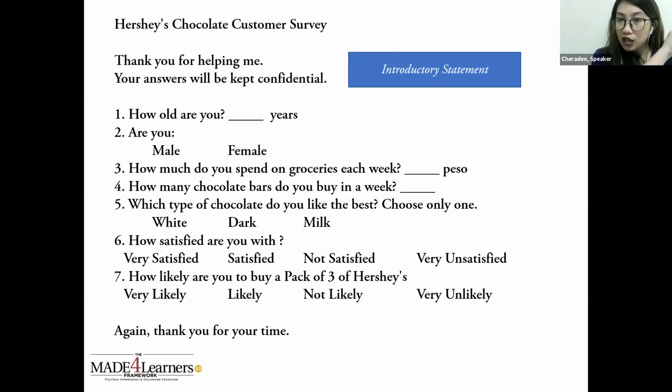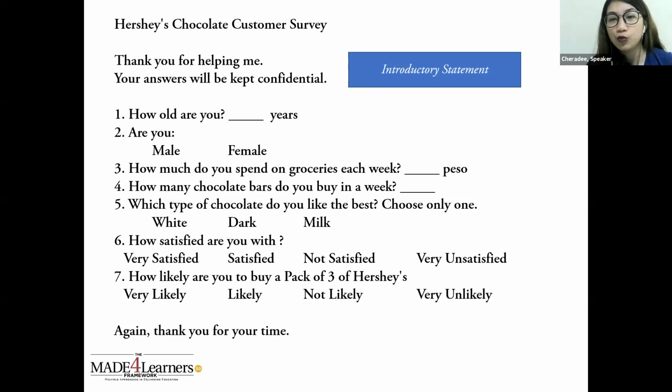But the good thing, if you just put a blank there, is you just have to do averaging. Okay, that's why you have to think ahead, no? If I'm going to analyze this data, am I going to do average on this, or am I going to just get a range so that it's easier for the users to respond, so on and so forth. So it depends on your purpose.